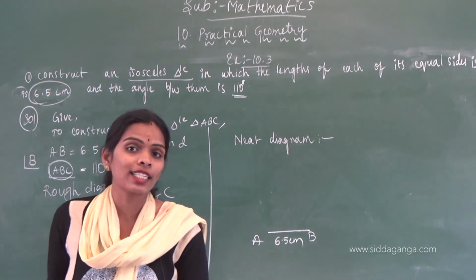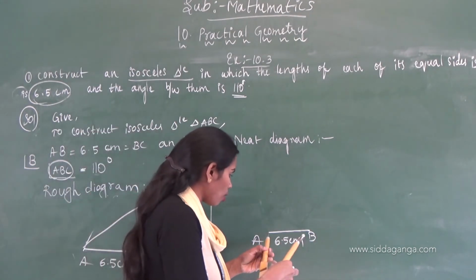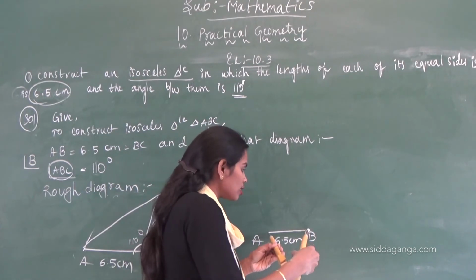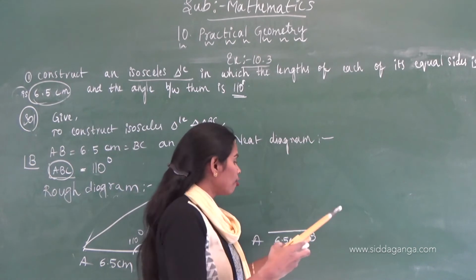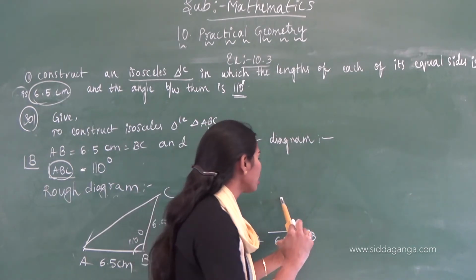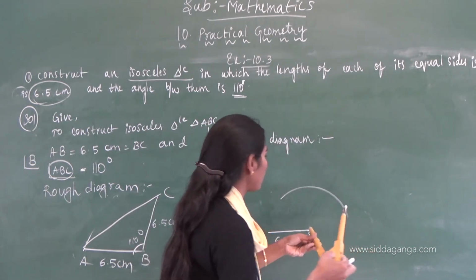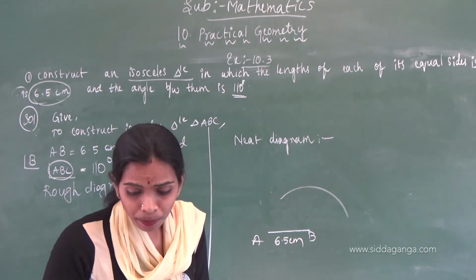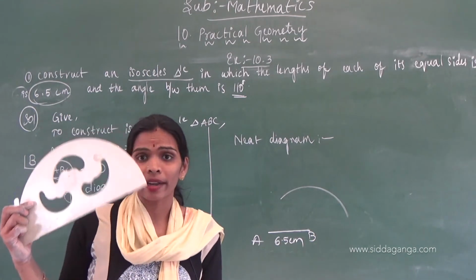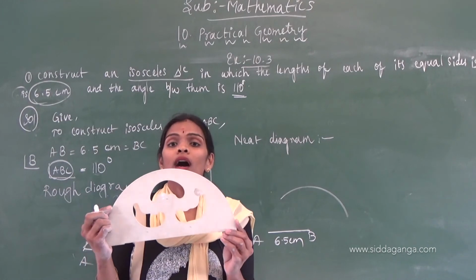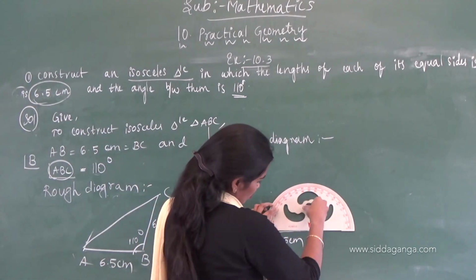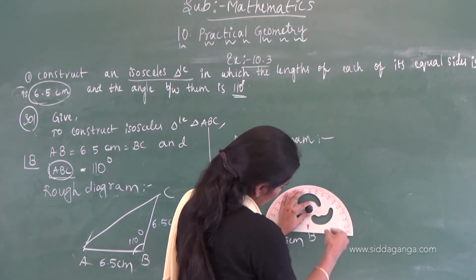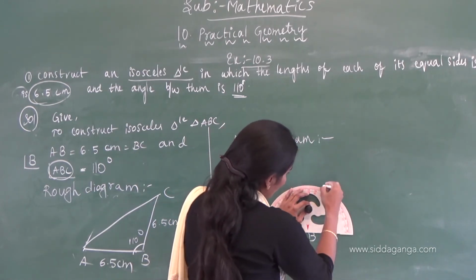See here children, I am taking this measurement to the arc from B, because this is also 6.5, because ABC is an isosceles triangle. From here I am putting one arc, and then by using this protractor I am marking 110 degrees.